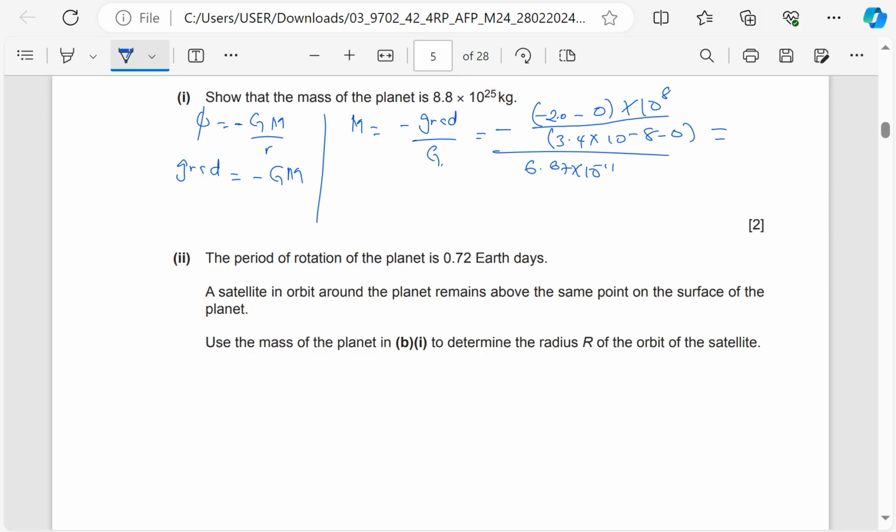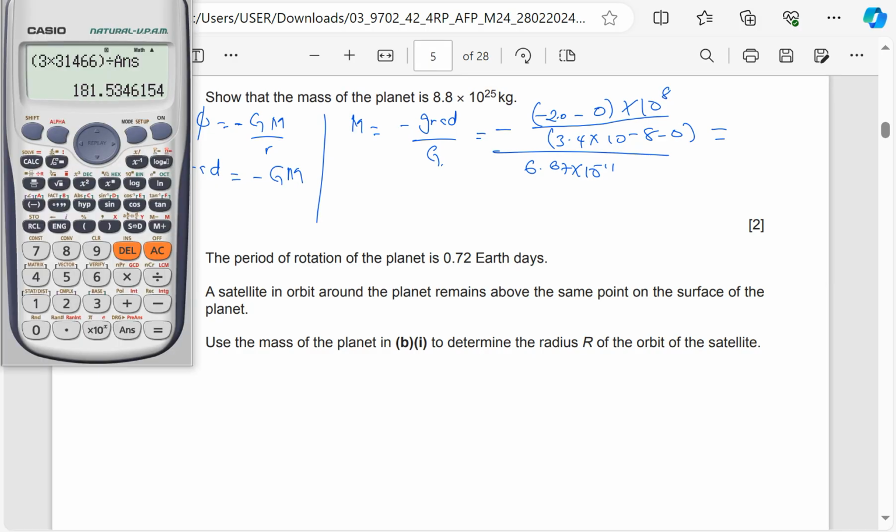So I will just divide this. The negative, of course, is going to cancel out. So I have 2 exponent 8 divided by 3.4 exponent minus 8.